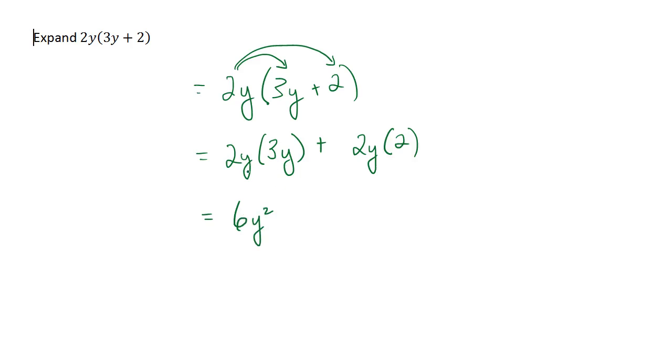Remember, when you're multiplying with the same base, you can add your exponents. Each of these has an exponent of 1, and 1 plus 1 is 2. And we have 2y times 2, so that's 4y. That's as simple as we can make it: 6y squared plus 4y. And that's what you get when you expand 2y times 3y plus 2.